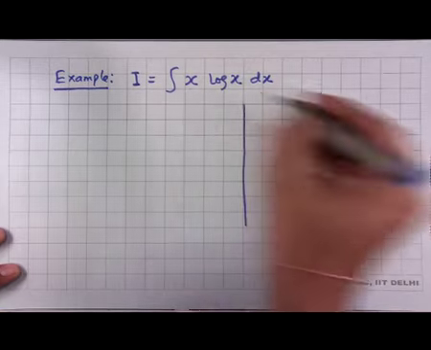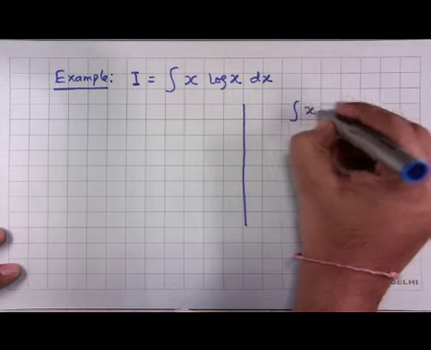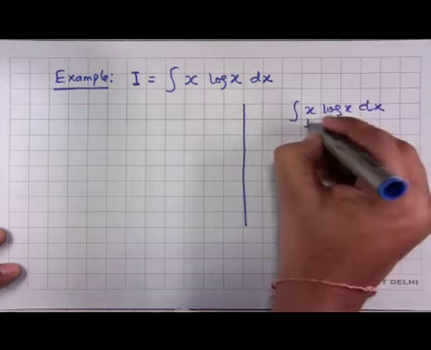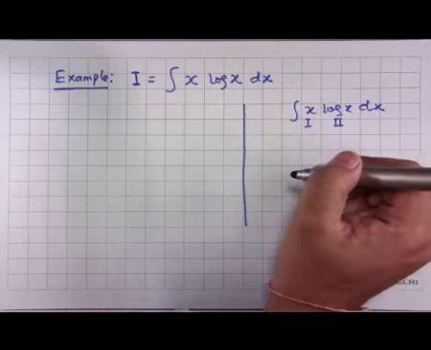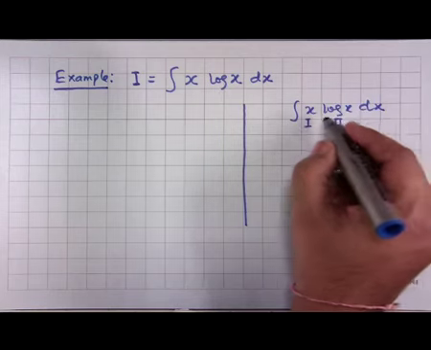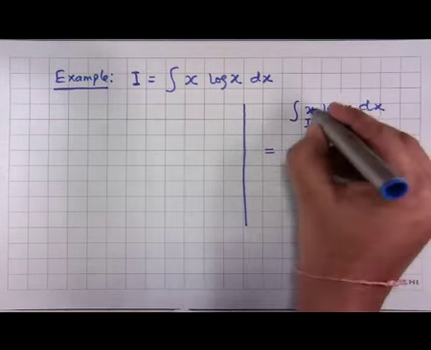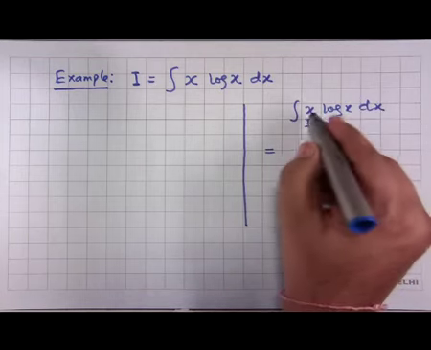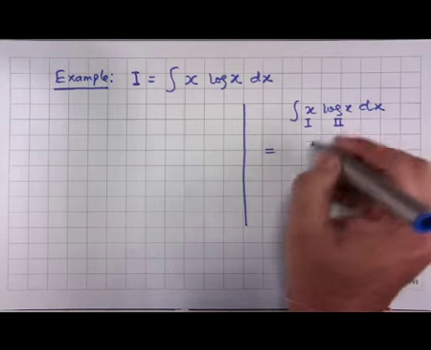I will write it here, x log x dx. If I do not do anything new, I will follow the similar procedure. I will call this function as first function and this function as second function. As I told you, this is vanishing. We have to see whether that idea really works here.